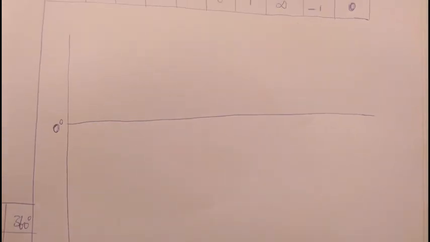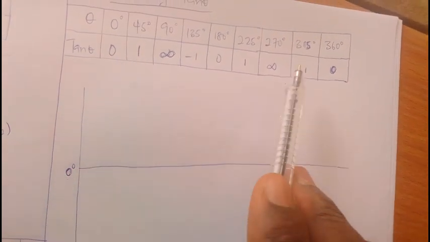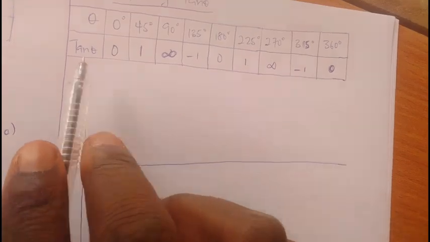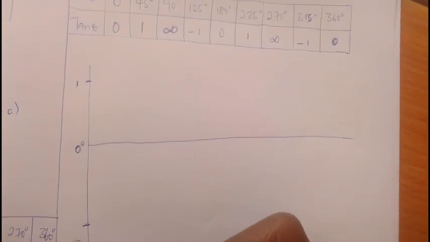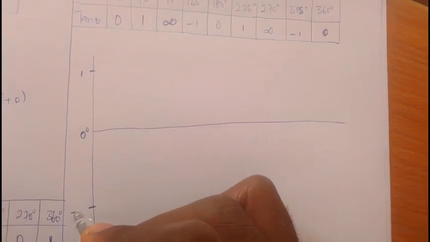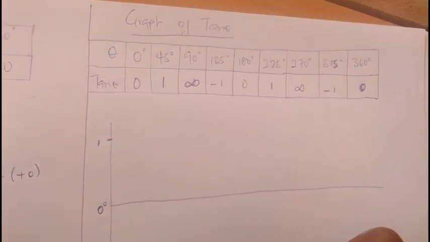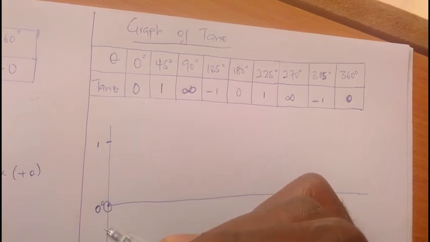Now, let's plot. Looking at it, I have my y values as 0, 1 and minus 1. This is 1, and this is minus 1. Now let's plot. For the first value, I have 0, 0, so I have 0, 0, circle.